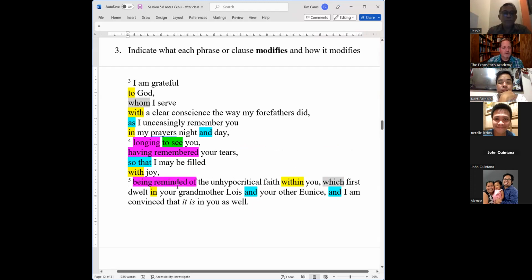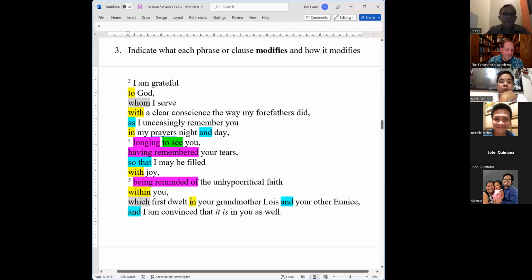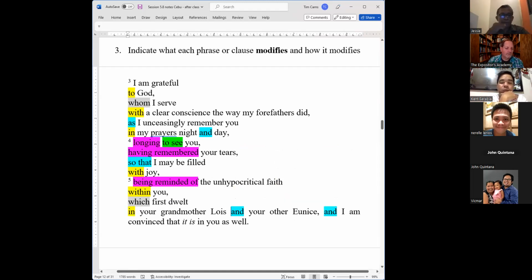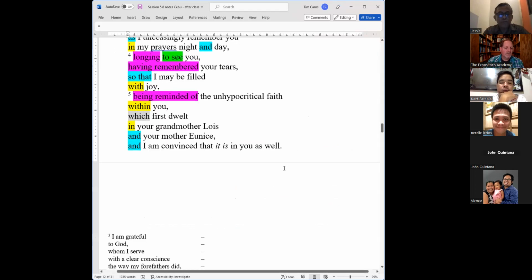It's all the participle. Within, preposition, which first dwelt in your grandmother Lois and your mother Eunice, and I'm convinced that it is in you as well.